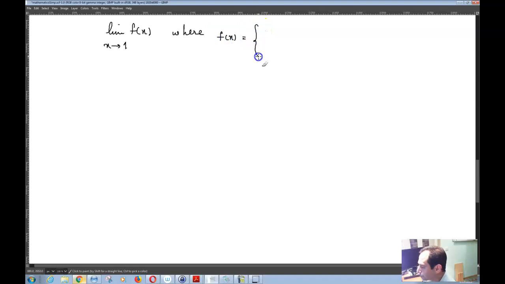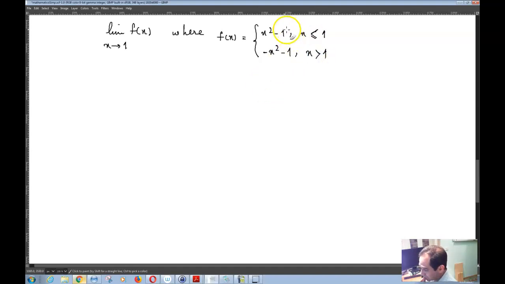Okay, so now suppose that you want to find the limit of f of x when x tends to 1, where f of x is equal to x squared minus 1 for x less than or equal to 1, and negative x squared minus 1 for x greater than 1.